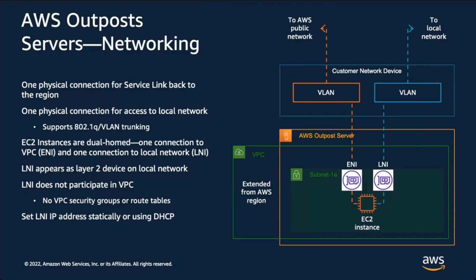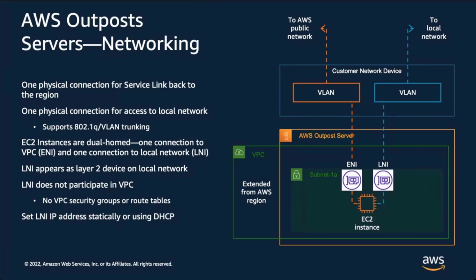From a physical perspective, there are 2 10 gig connections: one connection dedicated for the service link. So again, this is the traffic going back to the region. And then we have one connection dedicated to the local network. And that's basically what the LNI will go over. And then you would typically separate these things with a VLAN.